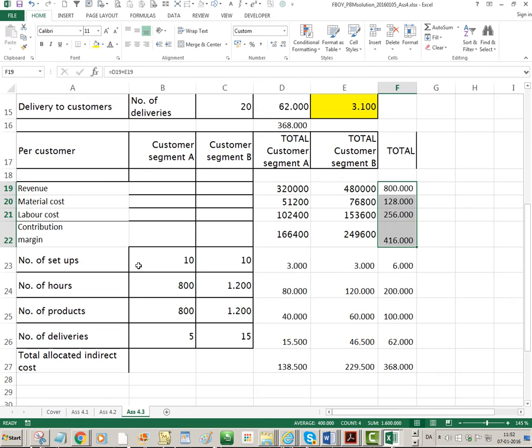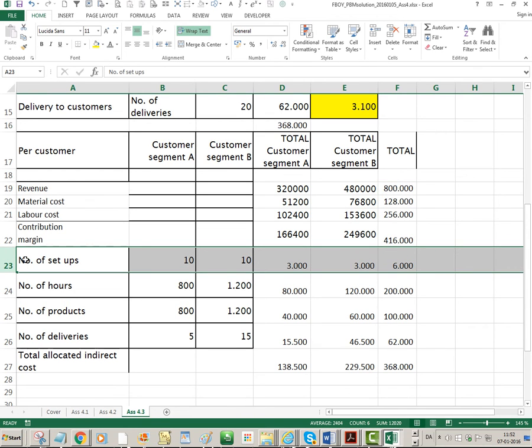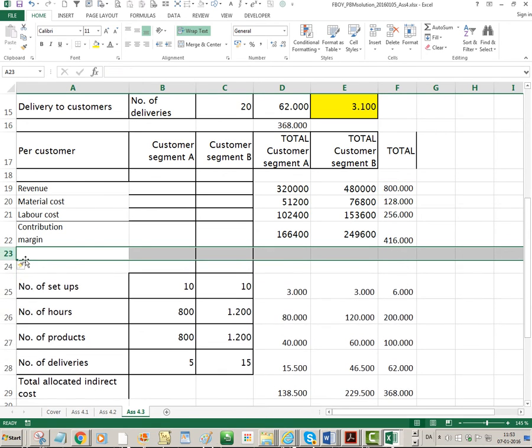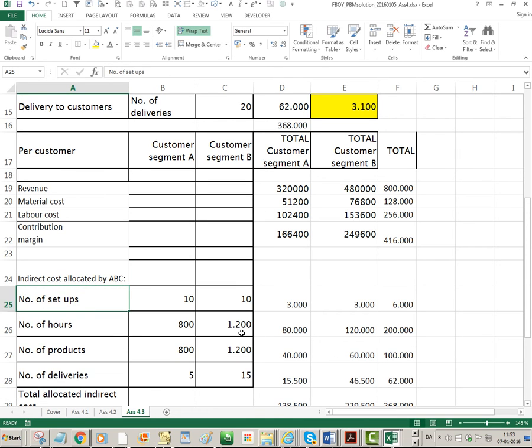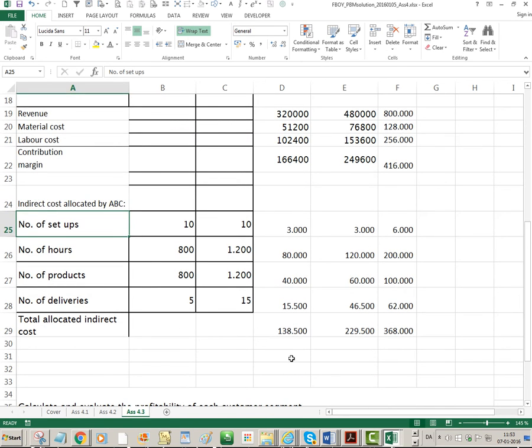Okay. So I will have a few more rows here. Maybe I can make a heading down here. Indirect cost allocated by ABC. Boom, boom, boom, boom, and get total allocated indirect cost.